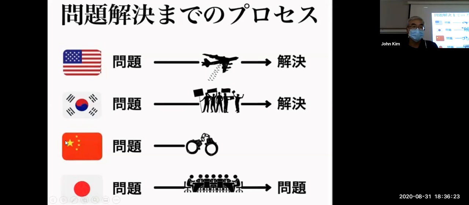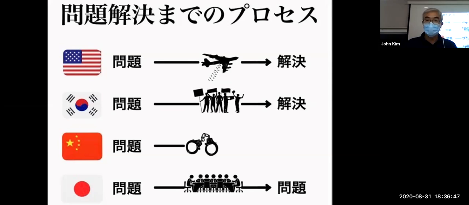And China, problem, then arrest. This time, coronavirus, then they isolate people, the Wuhan, what do you call it, isolate.